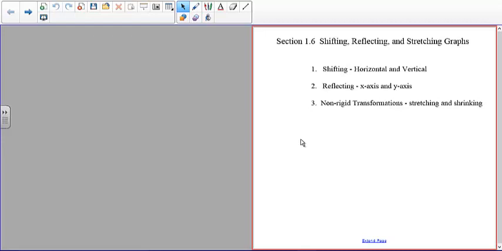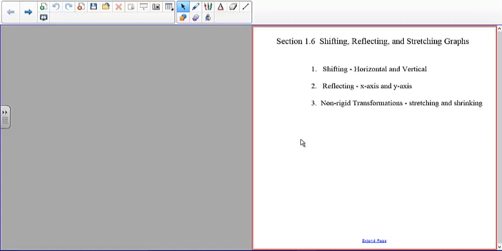Okay, well, we've kind of moved quickly through previous sections, but this section probably will spend a much larger portion of the time on.